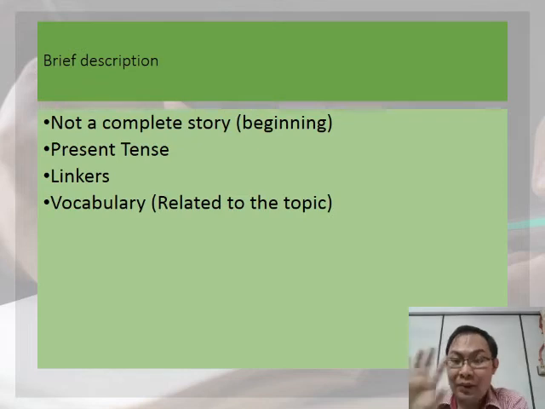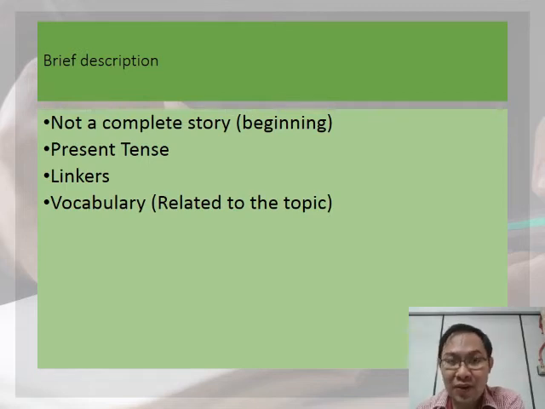The movie, we don't tell the whole story. We only take out a short part of the story. Remember, we only use present tense and linkers. We will look closely at what those are. And also the last part is we must use vocabulary related to the topic.